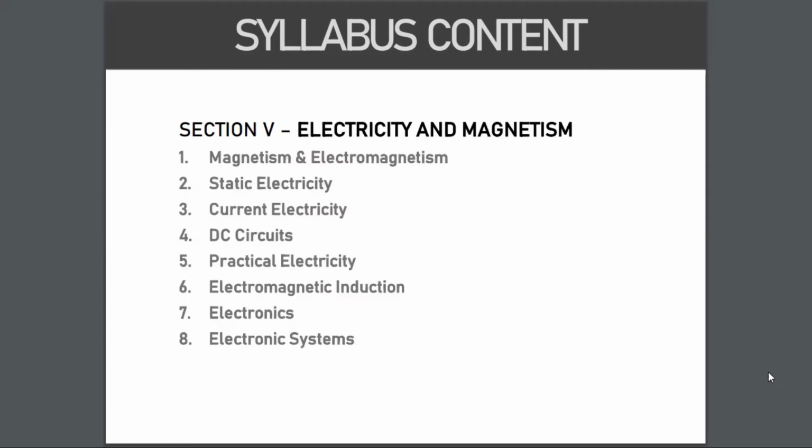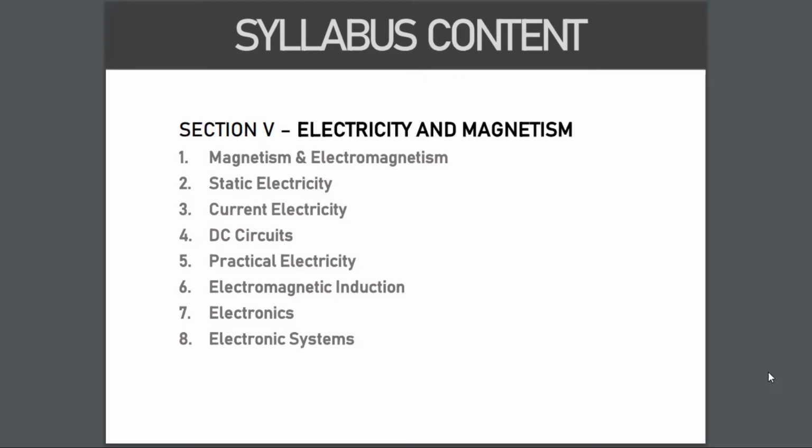Then the fifth section is about electricity and magnetism, in which the topics are magnetism and electromagnetism, static electricity, current electricity, DC circuits, practical electricity, electromagnetic induction, electronics, and electronic systems.